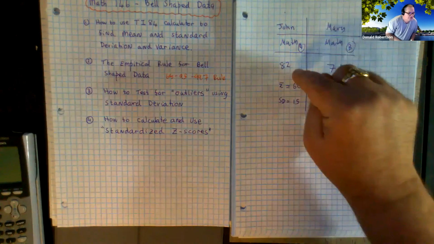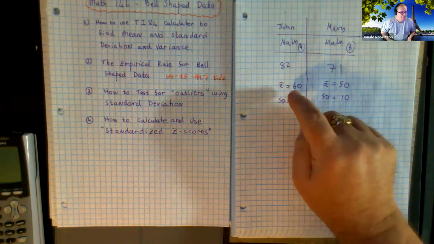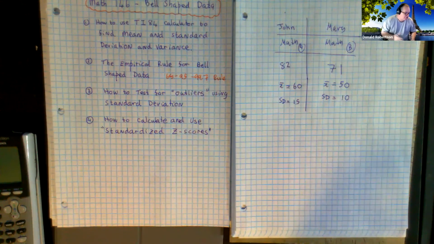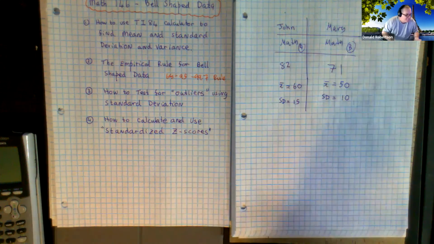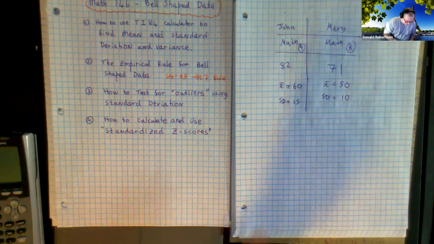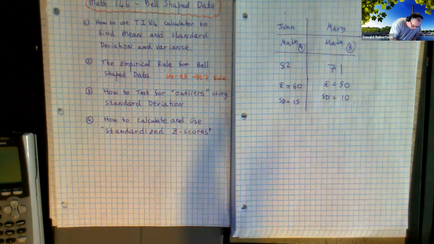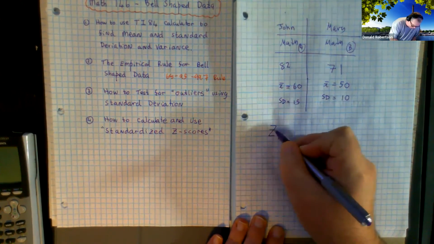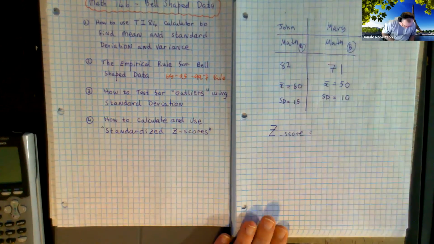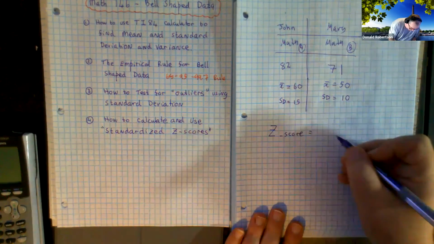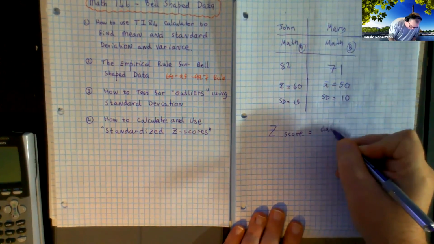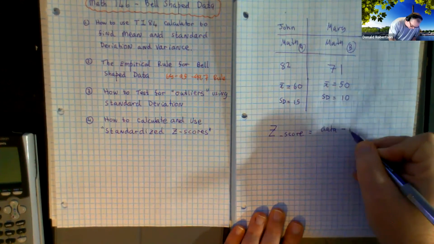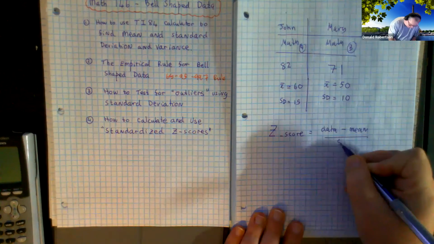And so the question is, well, how can you compare data that's not got the same mean and standard deviation? How do you do it? You do it by getting what's called the standardized z-score. The formula for it is the data, take away the mean, divided by the standard deviation.